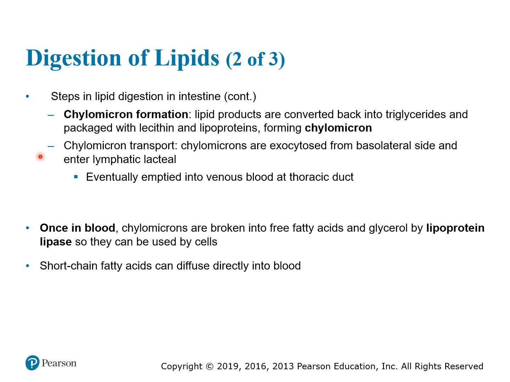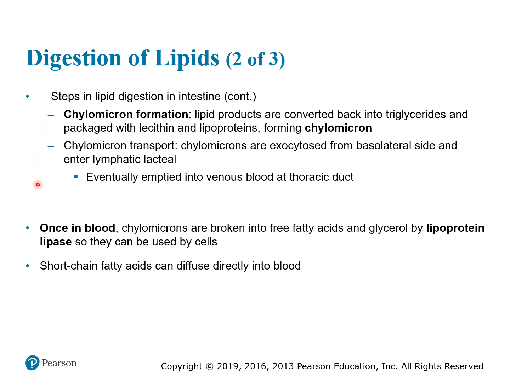So they enter the lymphatic vessels, and those lymphatic vessels are known as lymphatic lacteals. They make a very whitish fluid, and eventually they are emptied into the venous blood at the thoracic duct. So those carry them to the circulation. So this is how fats are absorbed.